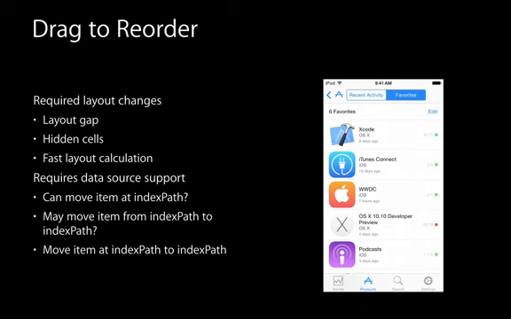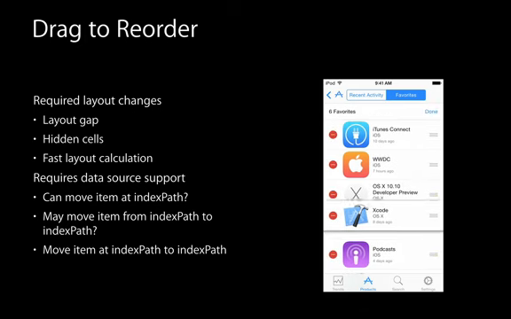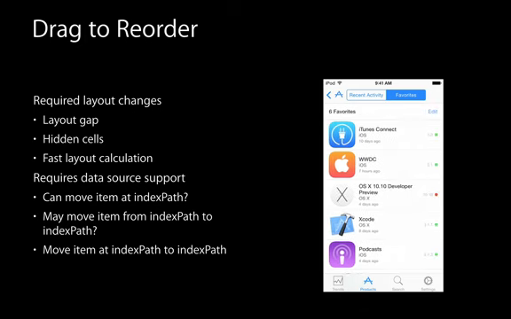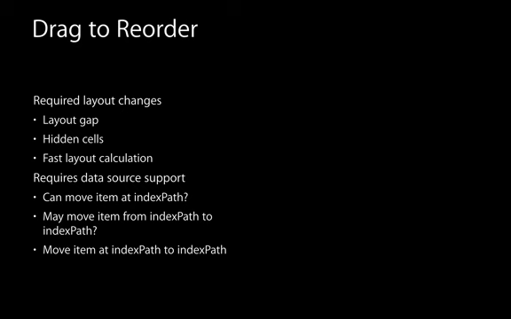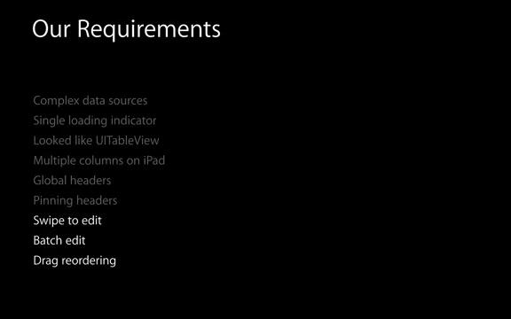But it really was an incremental change to our layout and an incremental change to our data sources. So that's the last 3 requirements. And they were a little bit of a challenge, but they were just a little bit extra.